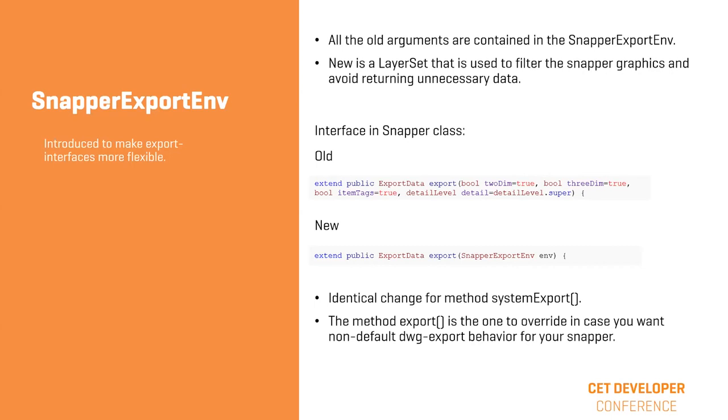The old interface in the snapper class contained different parameters, and the new one only contains the snapper export env. This is for the method export, and there's an identical change for the method system export. If you are overriding, or if you want to create a specific DWG export behavior for your snapper, then the method export is the one you should override.